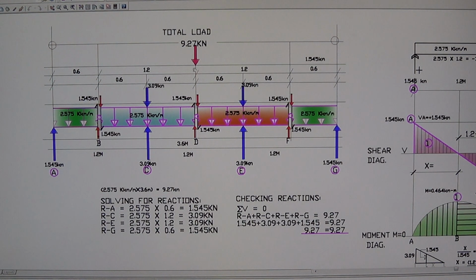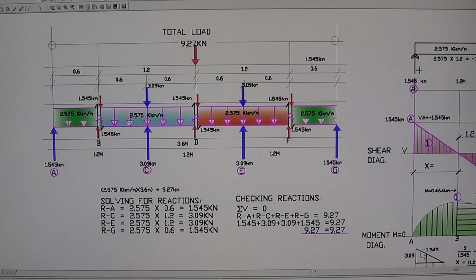This is the span. Okay, half and half is carried by this rafter C. So it's 1.2 multiplied by the uniform distributed load. It gives you 3.09 kilonewton, and equally the same as the interior rafters. These are the rafters in blue.